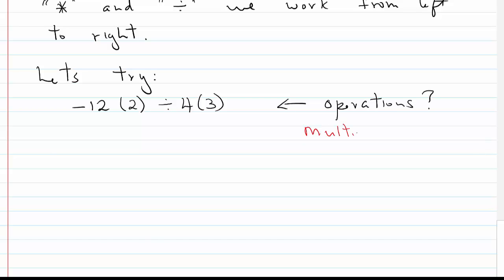-12(2) divided by 4(3). So recall, the first thing to do is see what operations are in this problem. What are the different operations you see in this problem? If you look closely, you will notice that there is multiplication and there is division.